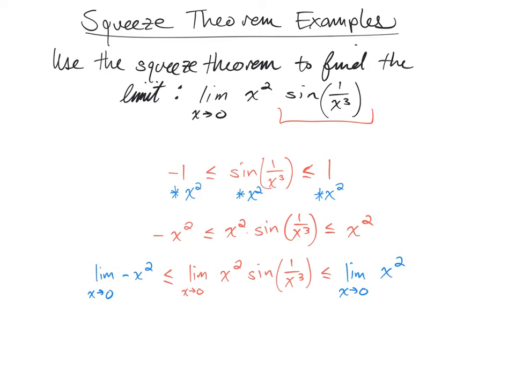So these outside limits are pretty easy to compute. This limit, if you directly substitute 0 in, you get 0. And this limit on the right, if you directly substitute 0 in, you'll also end up with 0. And in the middle here, we have the limit as x approaches 0 of x squared sine of 1 over x cubed.